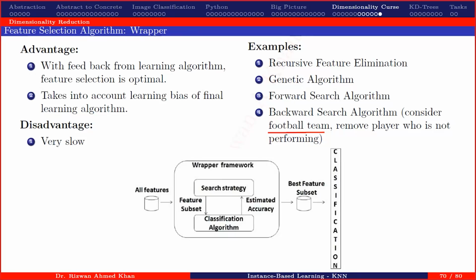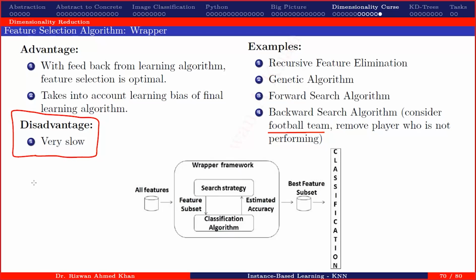ठीक है. राइट सर. But the problem over here is for each subset, it has to pass through a classification algorithm, which is very slow. So you have an exponential number of subsets, and each subset has to pass through a classification algorithm.